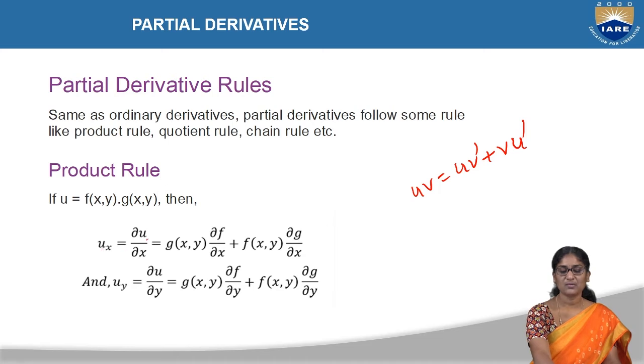Then ux = ∂u/∂x, which is equal to g(x, y) as a constant times the partial derivative ∂f/∂x, plus f(x, y) as a constant times the derivative of g with respect to x, that is ∂g/∂x. Similarly, uy = ∂u/∂y, which is equal to g(x, y) ∂f/∂y plus f(x, y) ∂g/∂y. So these are called the product rules.